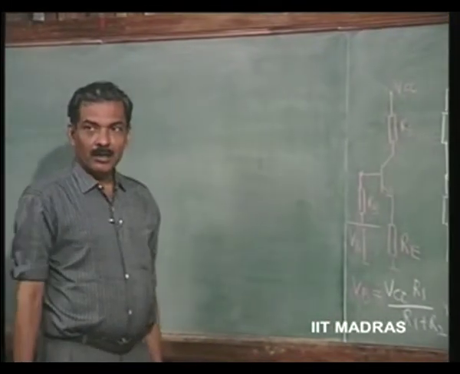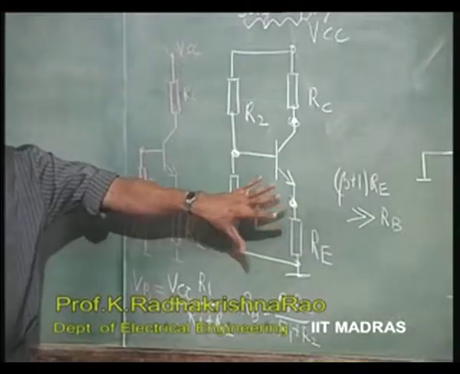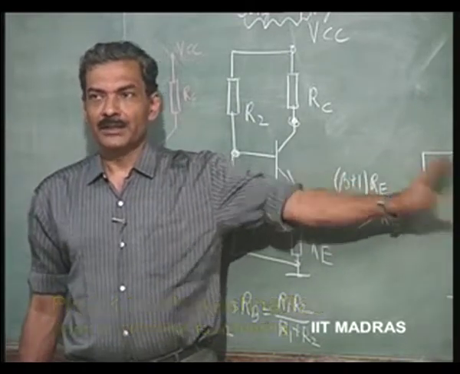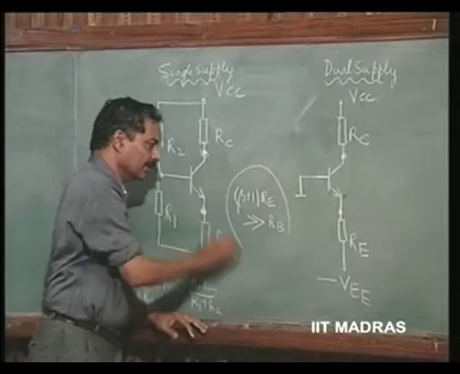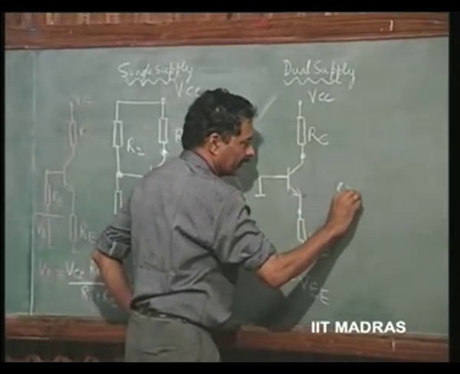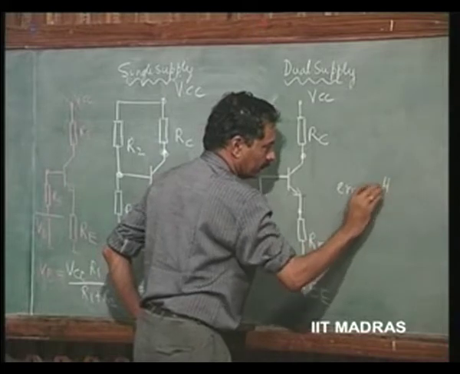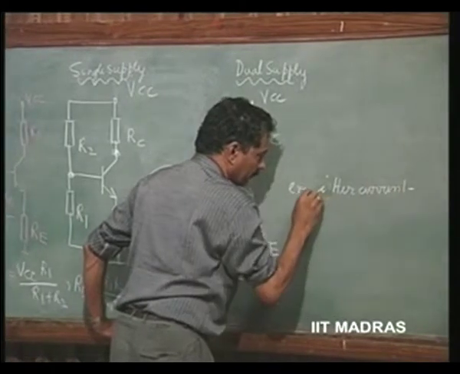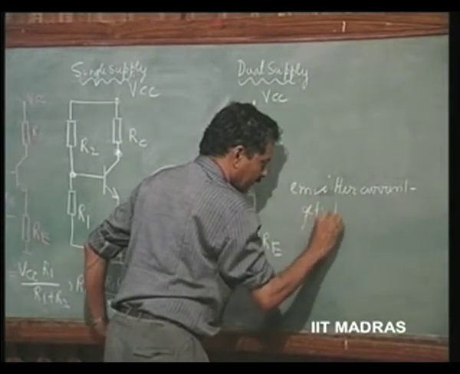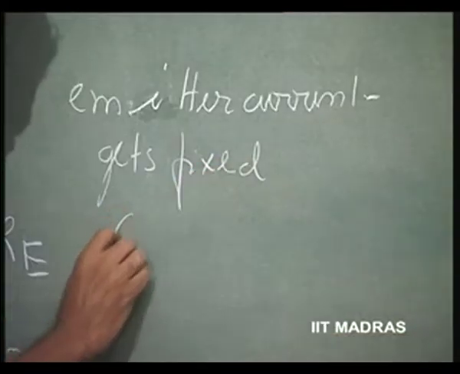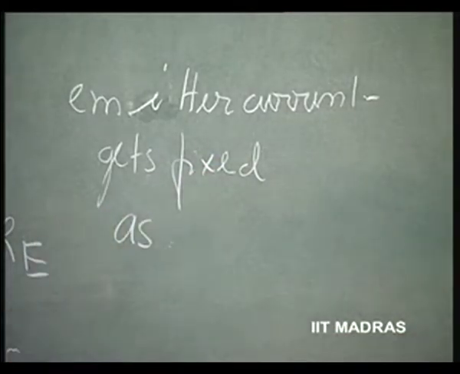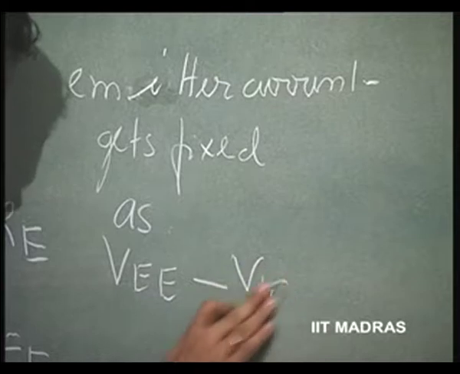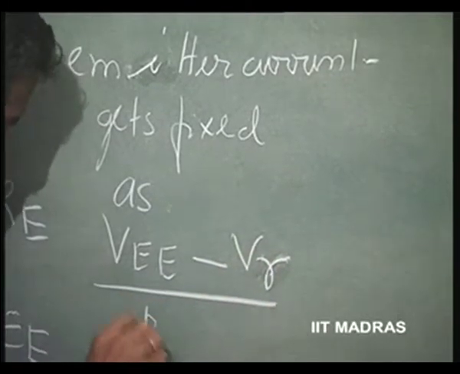For fixing the emitter current, in both the circuits emitter current is getting fixed. In the dual supply circuit it automatically gets fixed, as VEE minus V gamma divided by RE.